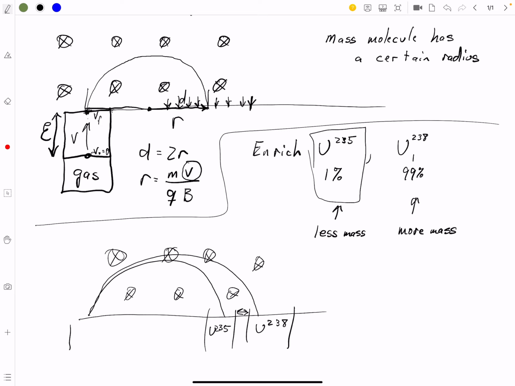And then here we are supplying a velocity to, what is it? Uranium chloride is the gas, uranium chloride ion solution. Okay, so that's one example.